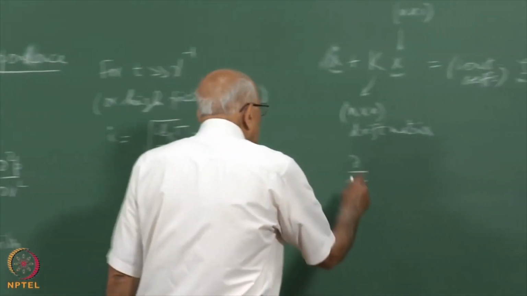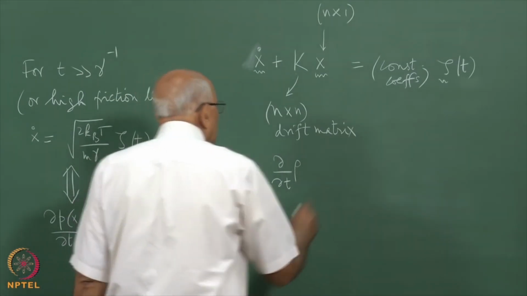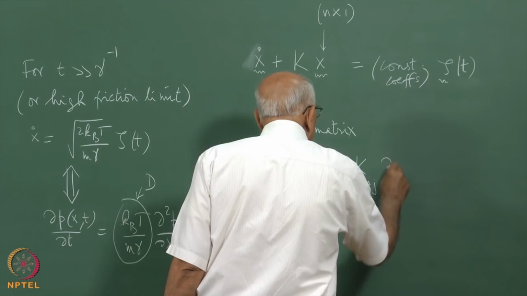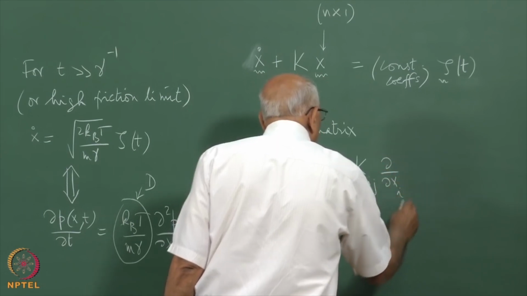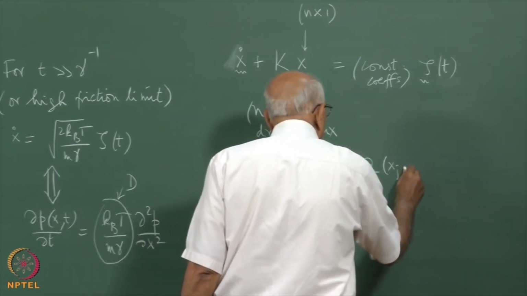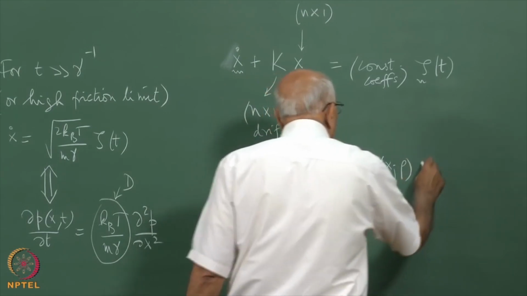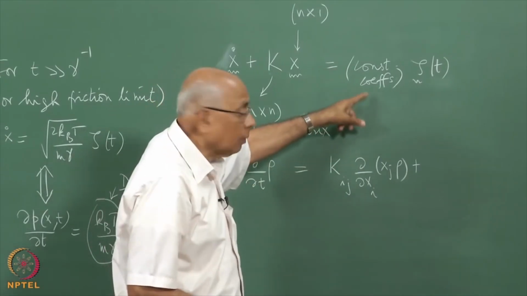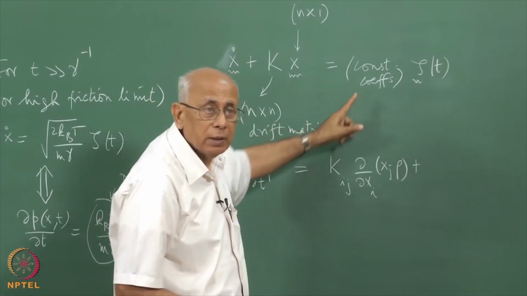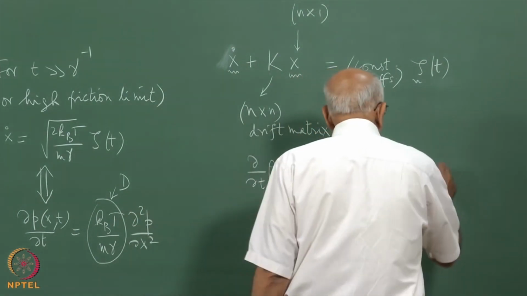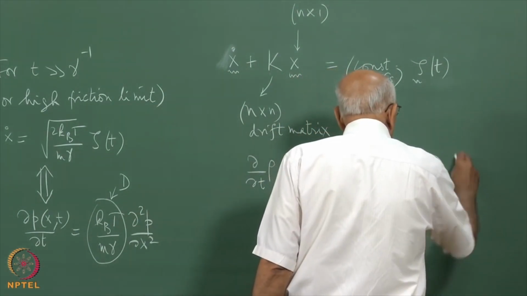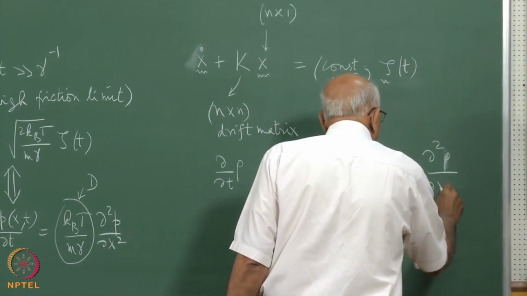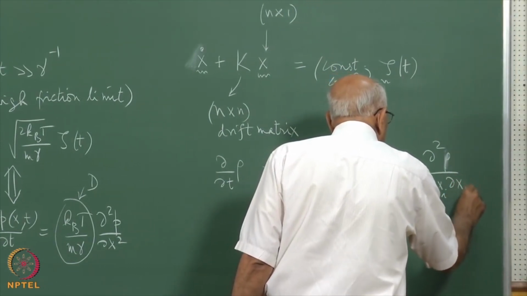Okay. So, this quantity delta rho over delta t was equal to K_ij delta over delta x_i of x_j rho plus some constant matrix formed from these coefficients here, and the natural thing to call it is a diffusion matrix D_ij d2 rho over dx_i dx_j.